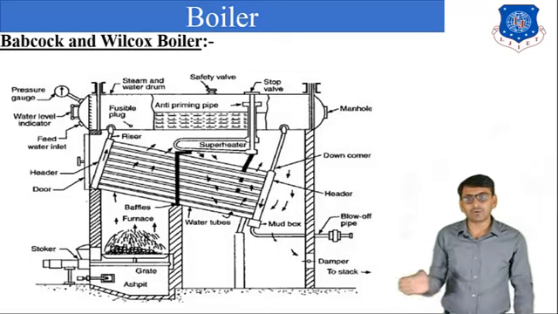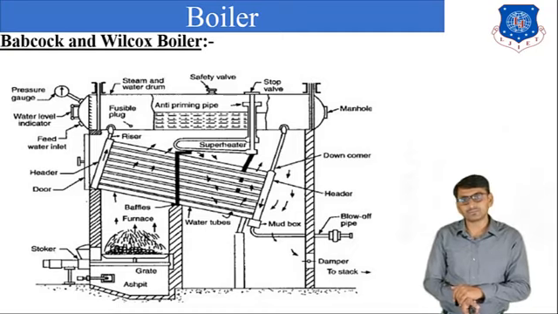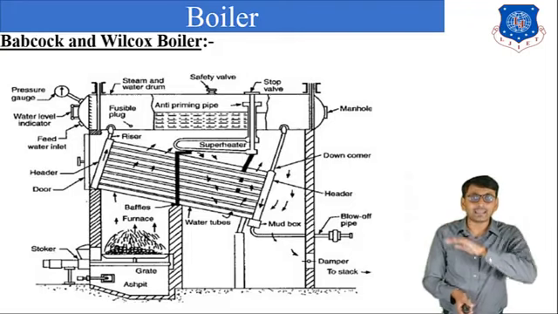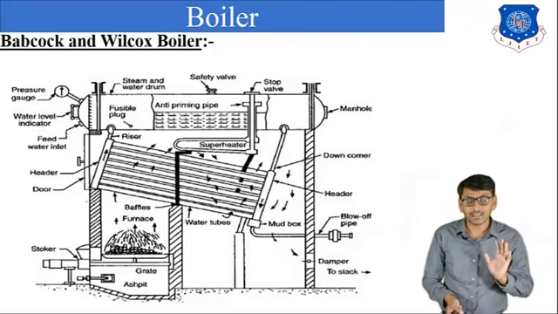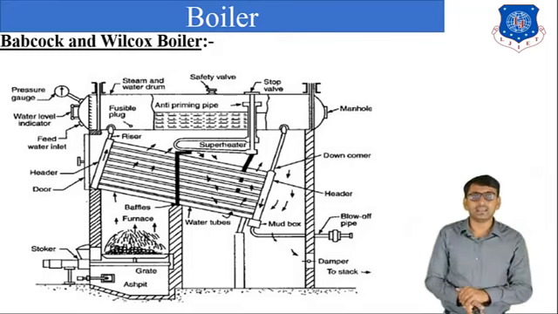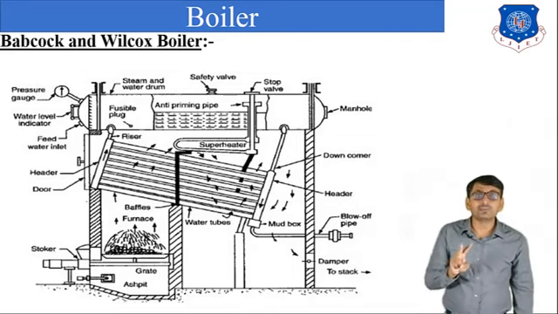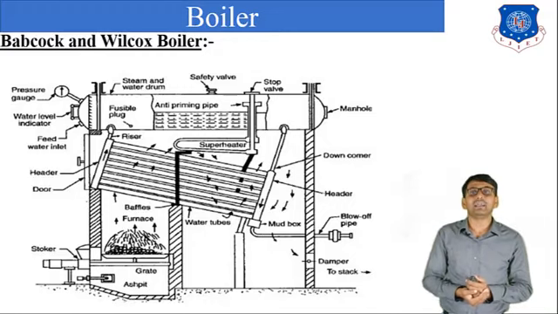Now in the Babcock and Wilcox boiler there are baffles present in between the tubes. So what is the function of baffles? They increase the movement of high temperature gas. It means due to baffles, the heat transfer rate increases. Then in this diagram, there are two headers, the downtake header and the uptake header.